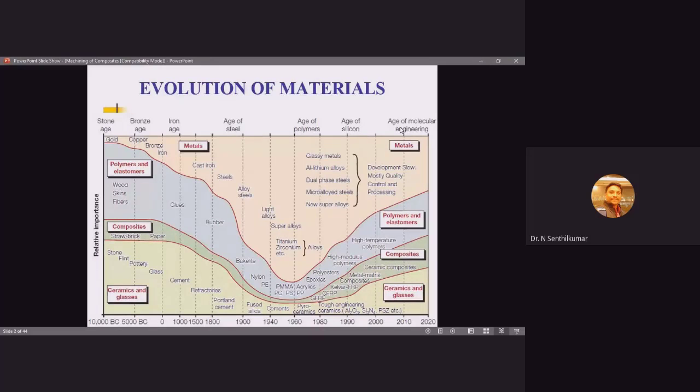We are not going with the traditional materials; we are going with high performance materials nowadays for usage in aerospace, defense, and automotive applications. Their main aim is to reduce the weight, so the strength to weight ratio has to be very high. This is how the different materials have evolved over a period of time.